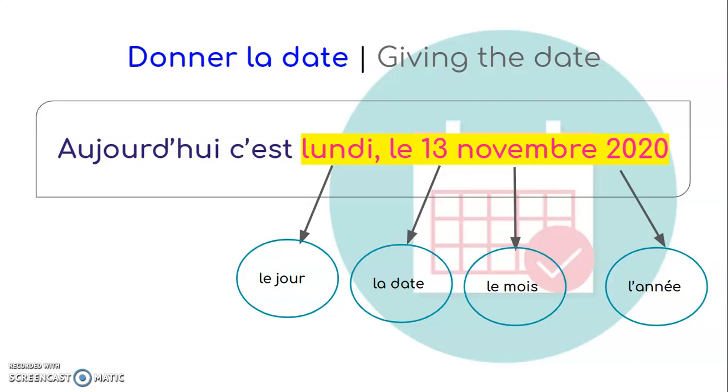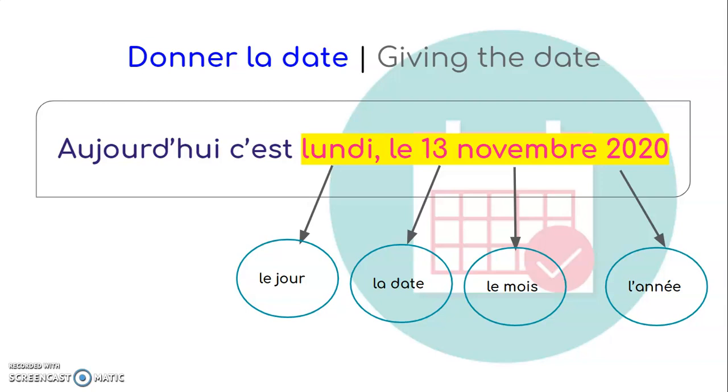So that's the number, that particular date for that month. So in this case, we have le 13, the 13th. Right afterwards, we put le mois, the month. So we have lundi, le 13 novembre.